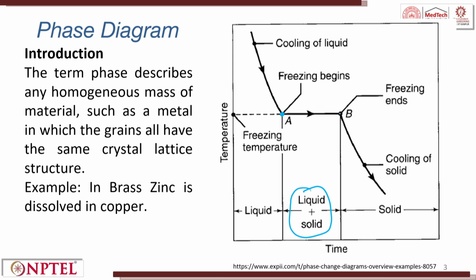When it crosses the freezing end, it becomes a solid. In the liquid phase, you will not have much of crystal structure to discuss, but once it enters from freezing beginning to freezing end, you will have a mixture of liquid and solid.